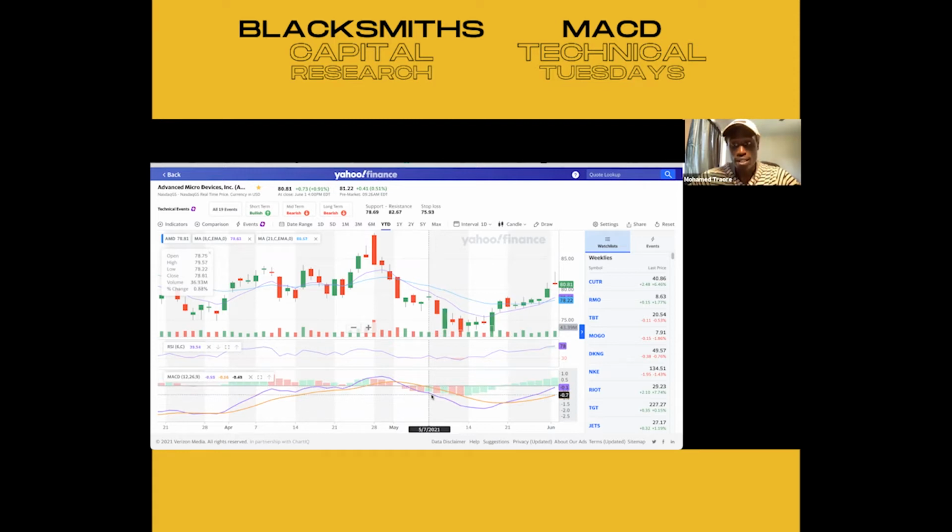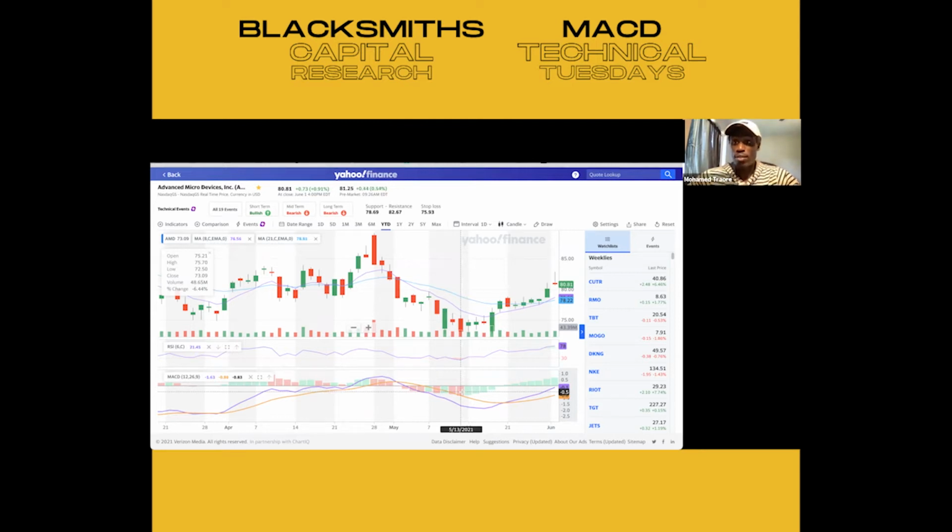That purple line is the 12-day exponential moving average subtracted by the 26-day exponential moving average. And you see in parentheses here we've got that 12, 26, 9. The increasing bars in green are the histograms, and the decreasing bars in red are the red histograms.